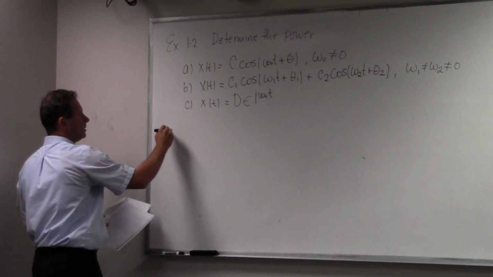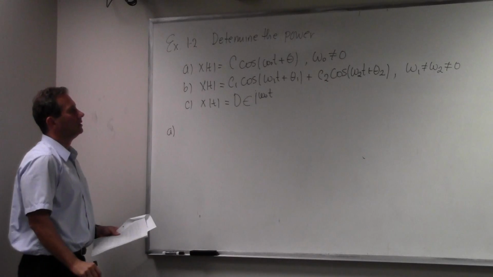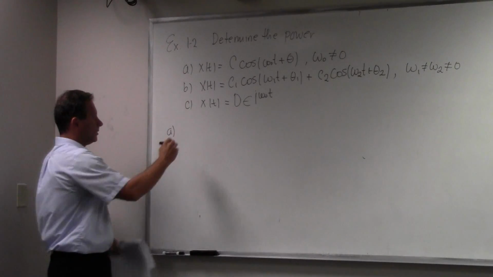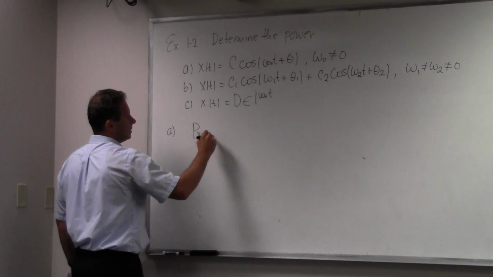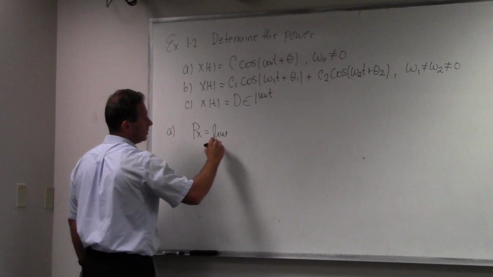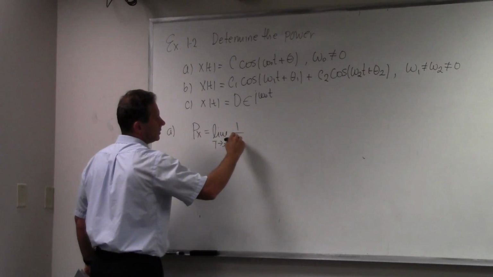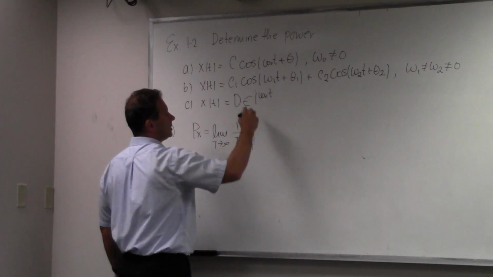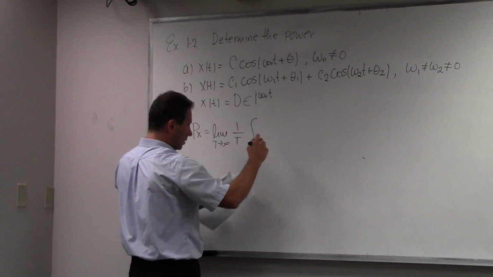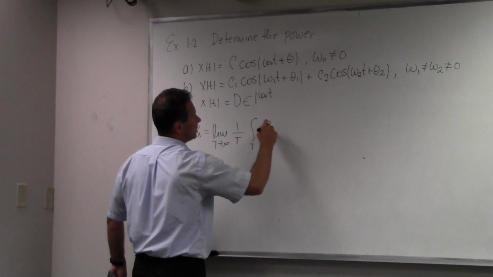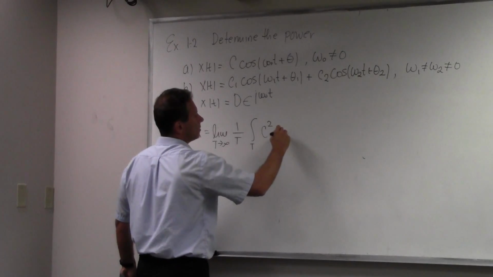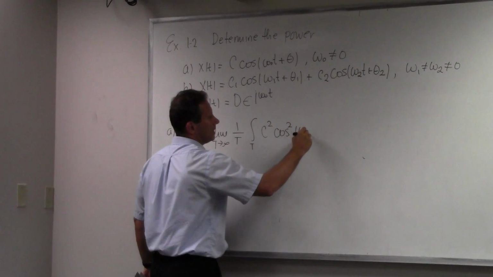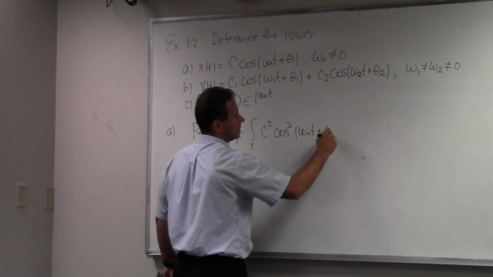So let's first determine the power of the first signal. The power is defined as the limit as T goes to infinity of 1 over T, integral over T, of the magnitude of the signal squared. So the magnitude squared is c squared cosine squared of omega 0 t plus theta 0.